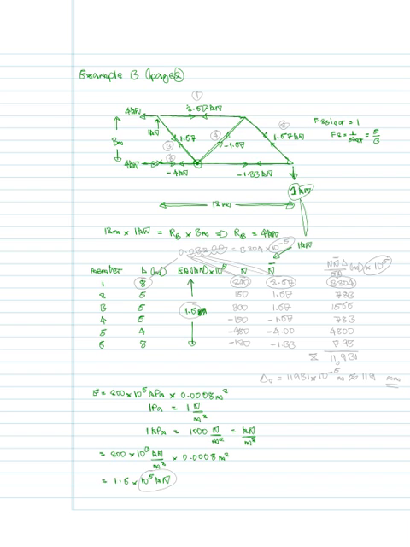Member 1, I'm going to put 2.67. Member 2, I'm going to be putting 1.67. Member 3, which is that member there, is also 1.67.